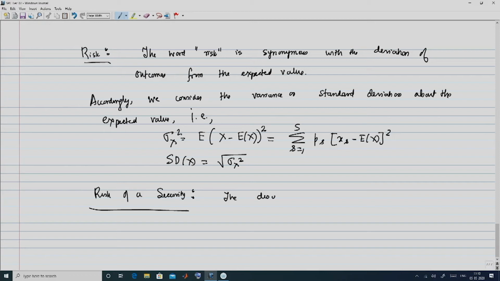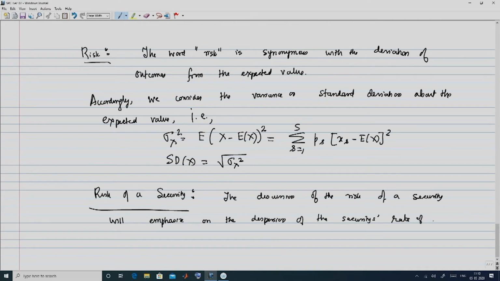The discussion of the risk of a security will emphasize the dispersion of the security's rate of return about its expected value.